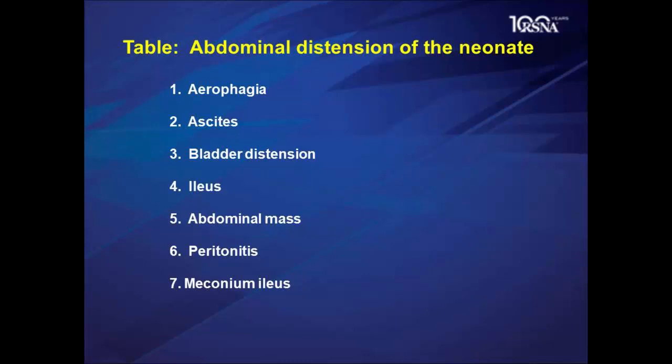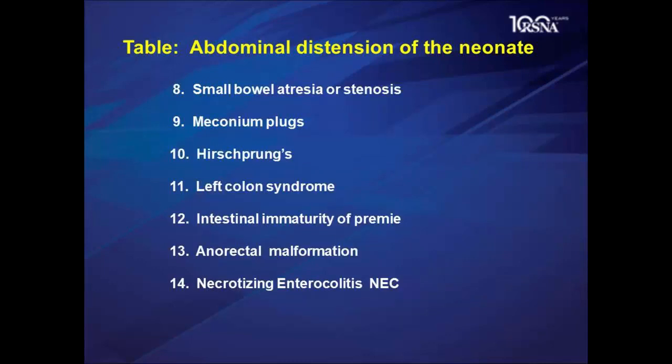GI tract: meconium plugs, Hirschsprung disease, left colon syndrome, premature baby, and then finishing up with necrotizing enterocolitis, sick baby, or the big issue of anorectal malformation.